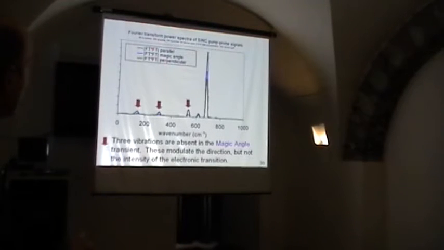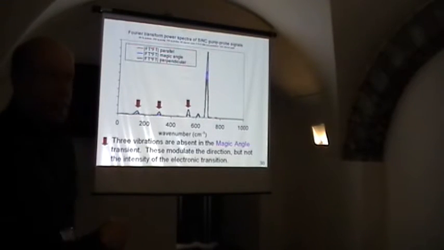Now, these quantum beats that we see are unlike quantum beats that have been reported before in resonant pump probe experiments, these 3. The first 2 are the same thing everybody's been seeing for a long time. They're seen in parallel, perpendicular, and also in the magic angle.